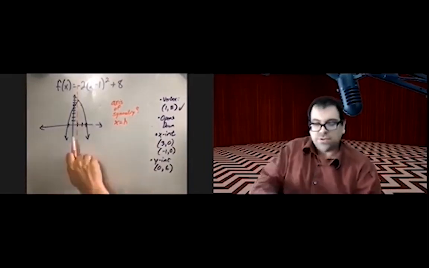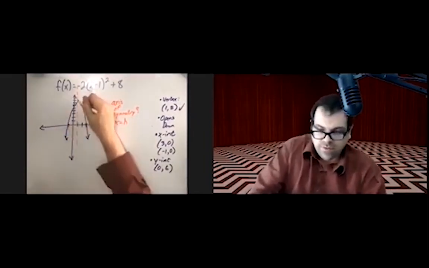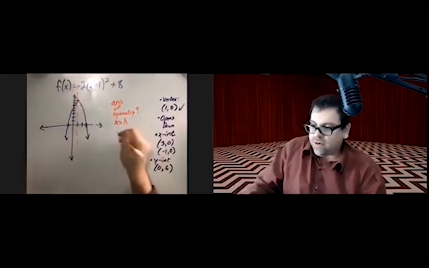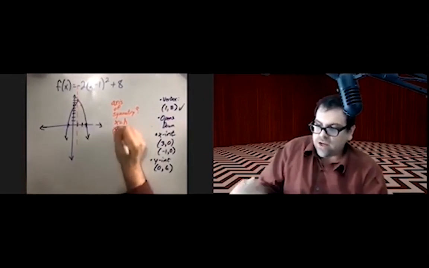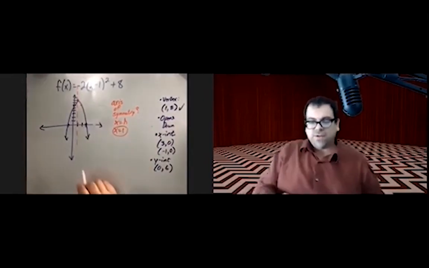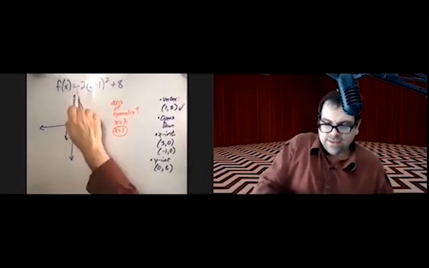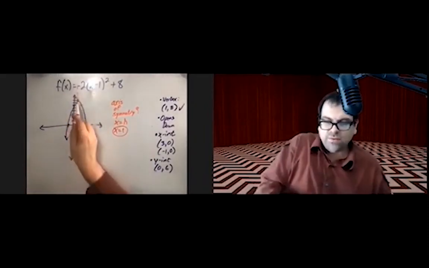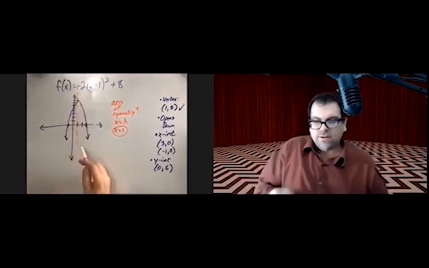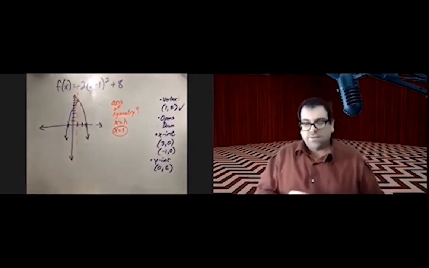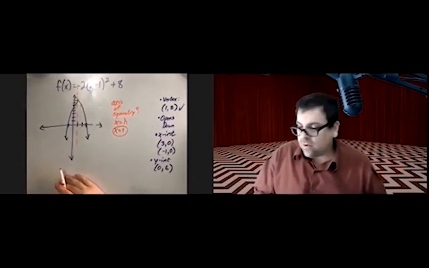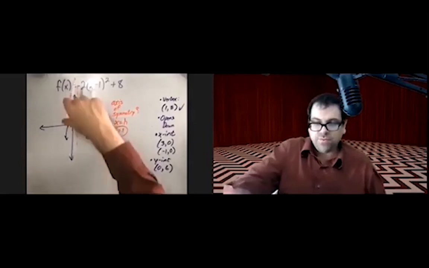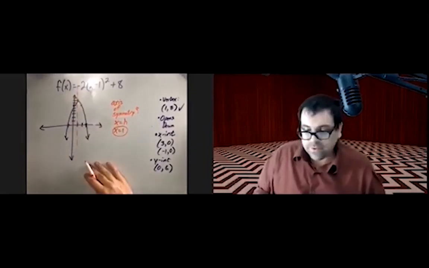X equals whatever the vertex point is, that x value. X equals 1 is going to be the axis of symmetry. And there we see it. It's this imaginary line through x equals 1, whereby the left side and the right side of the parabola act like a mirror image, with the axis of symmetry being the mirror.